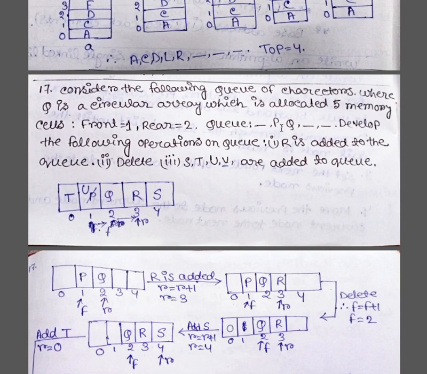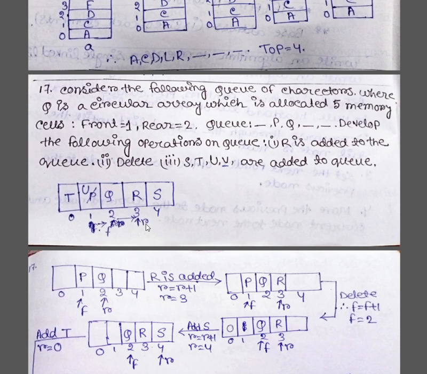Dash P Q. Develop the following operations on it. R is added to the queue. Delete is to be done. We can add any elements inside the queue through this rear pointer. You should remember there are some rules for queue, and also some rules for stack.